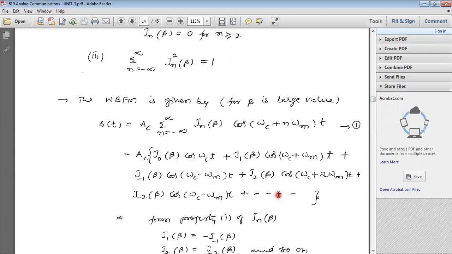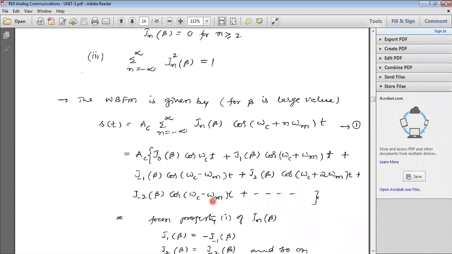That is for n having the values of minus infinity to infinity. Here we have different terms. For n equal to 1, we have omega c plus omega m, omega c minus omega m. For n equal to 2, we have omega c plus 2 omega m, omega c minus 2 omega m. Similarly, for n equal to 3, it becomes omega c plus 3 omega m, and omega c minus 3 omega m.